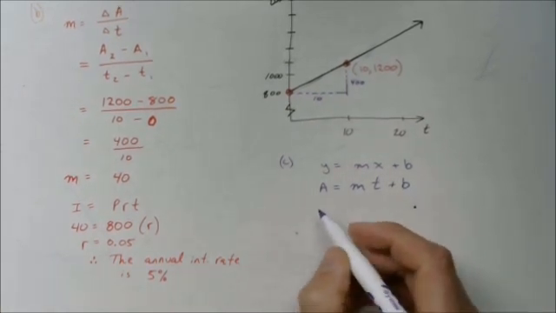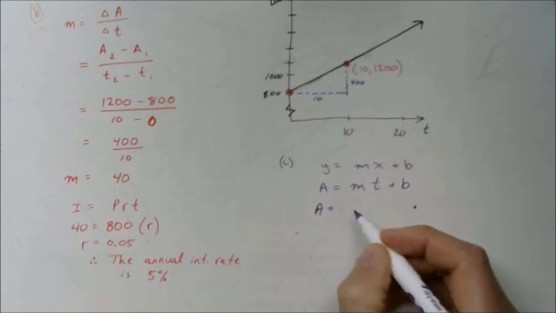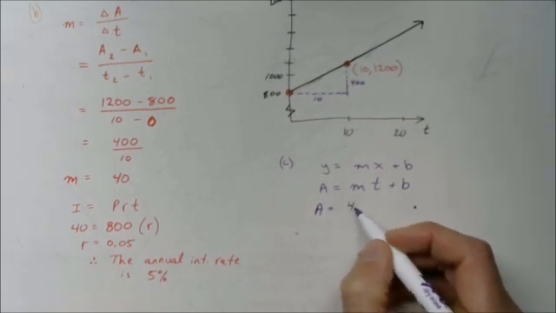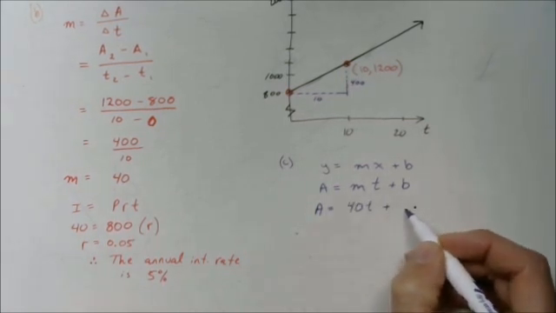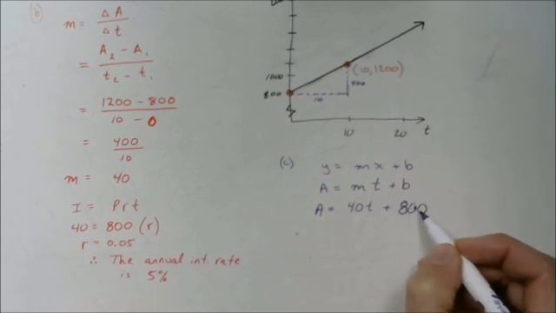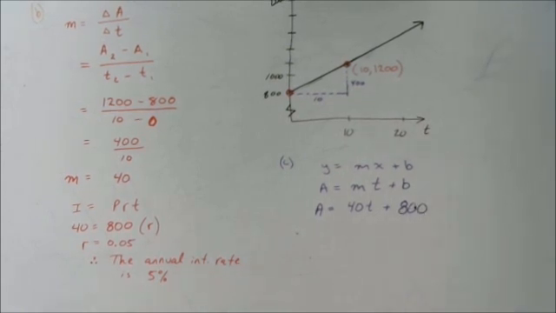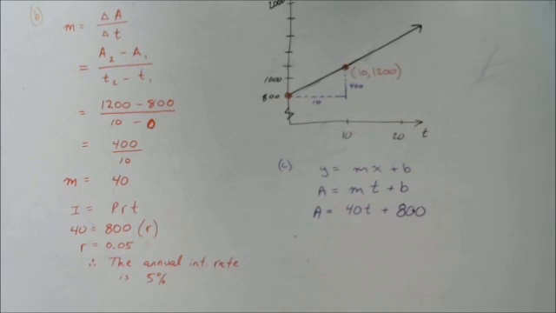All right, plug in what we know. Amount equals 40t plus our y-intercept, our original amount of 800. And again, you see the exact same style of formula that we looked at in the earlier examples.